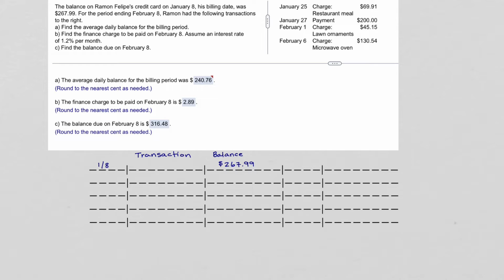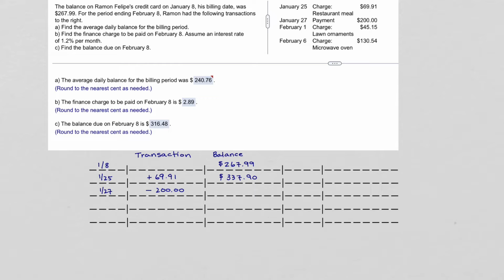So the next transaction is on January 25th. And that is a charge, so we're going to add $69.91. And that gets us up to a balance of $337.90. Then on January 27th, there's a payment made of $200.